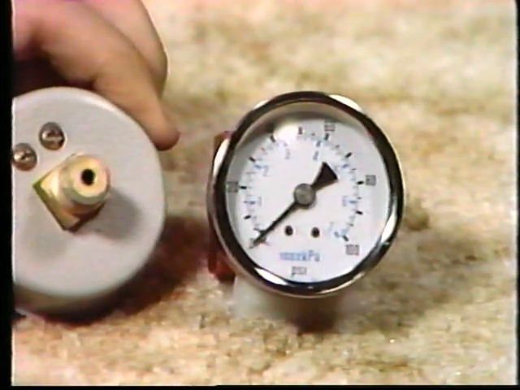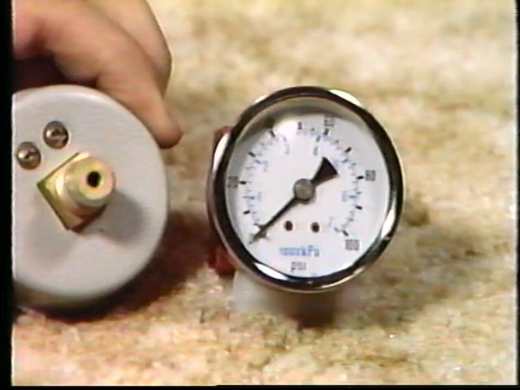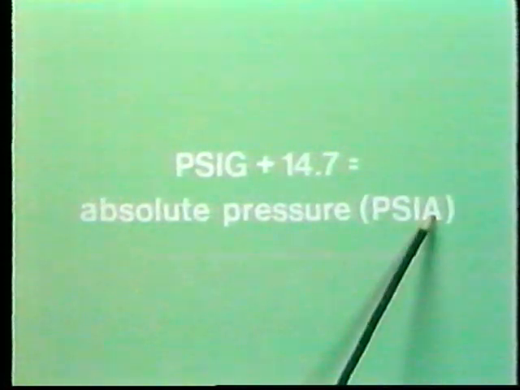The pressure which a normal gauge reads we call gauge pressure, PSIG. To take atmospheric pressure into account, we must add 14.7 pounds per square inch to gauge pressure. And this pressure, which includes the atmospheric pressure, is called pounds per square inch absolute, or PSIA.